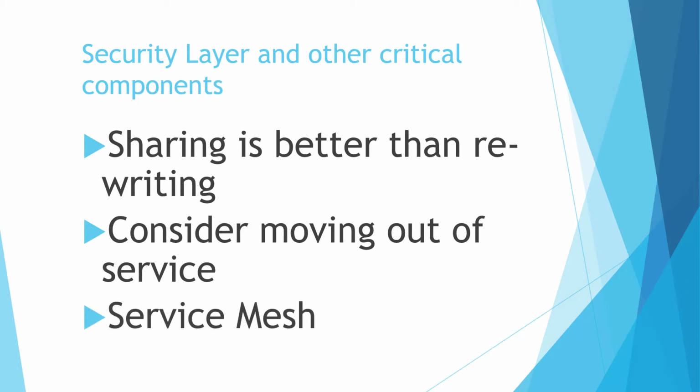It's interesting to point out that there is this pattern of service mesh that is emerging, and I will talk in another lecture about that, which can actually take a lot of these security and critical components out of your service and deal with them for you.